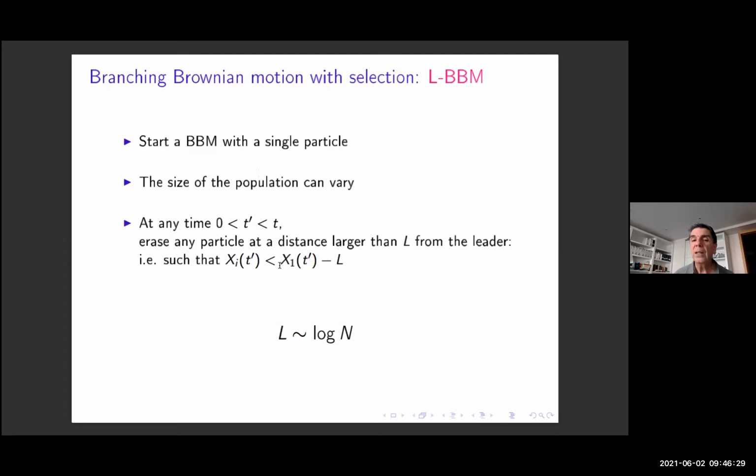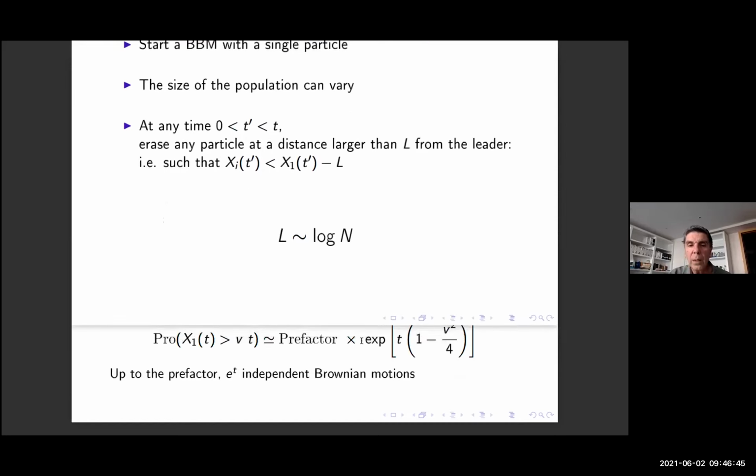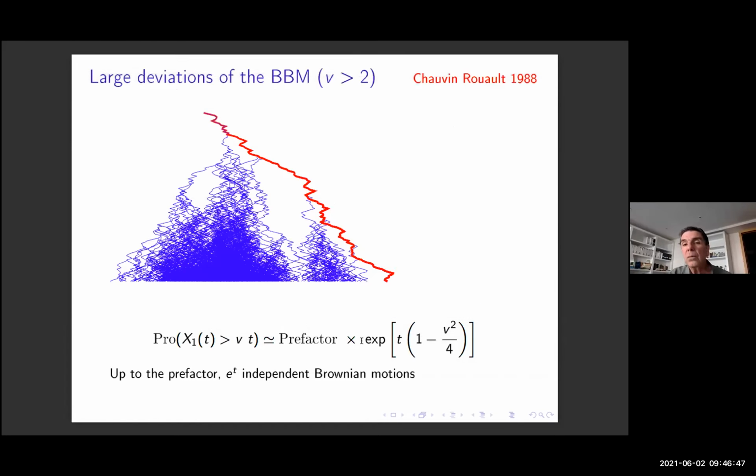And again, you expect the velocity and the diffusion constant to be given by the formulas that I mentioned earlier, except here the way the L is related to the noise would be L of order log N. So these are the models. Now, let me come to the results that we obtained with Zhanchi on this problem.